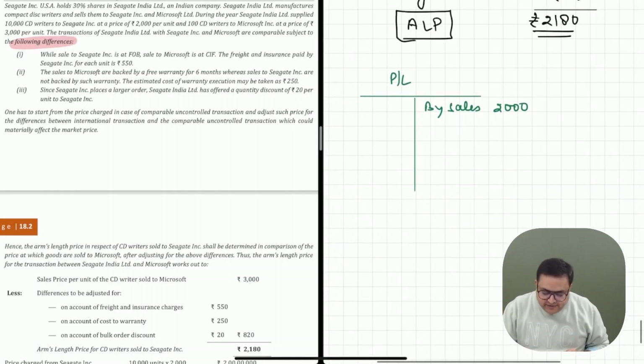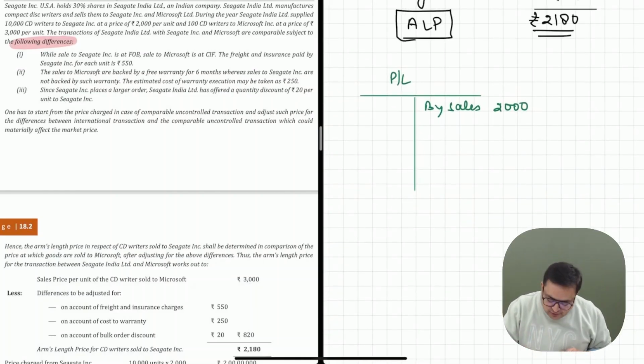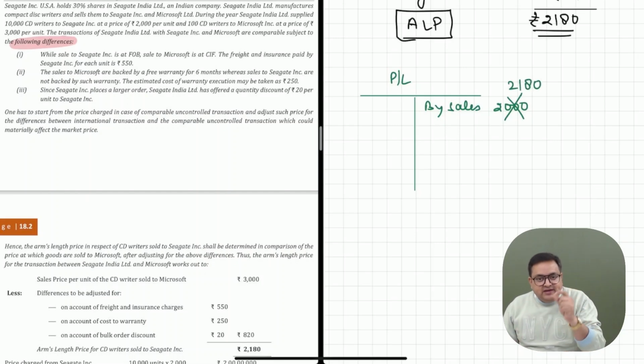But the correct price was 2180. So we will cut it. We will say this is not the correct price. The correct sale amount should be 2180. And how much are we showing less? 180 rupees. We are showing 180 rupees less profit. 180 into 10,000 units would be the adjustment which we'll be doing over here.